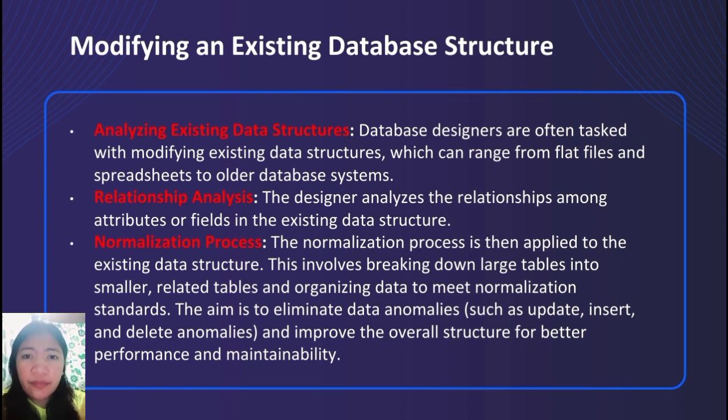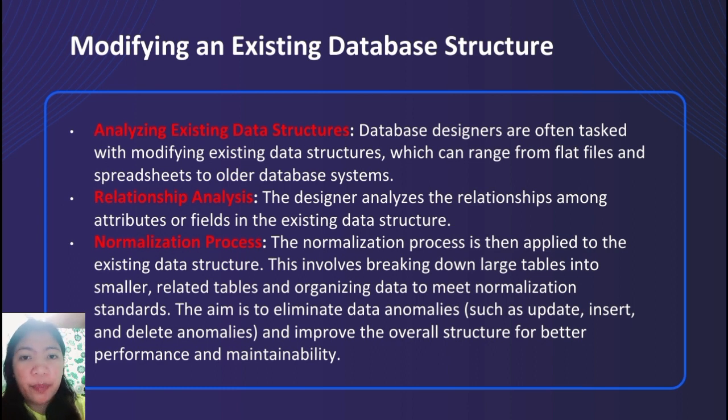In relationship analysis, the designers analyze the relationships among the attributes or fields in the existing data structure. The relationships between the attributes or fields in the existing data structure are examined to understand how they are connected. Next is the normalization process.